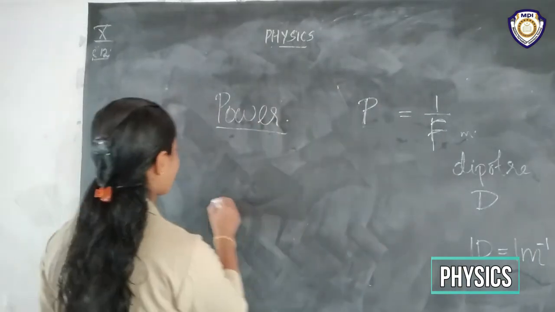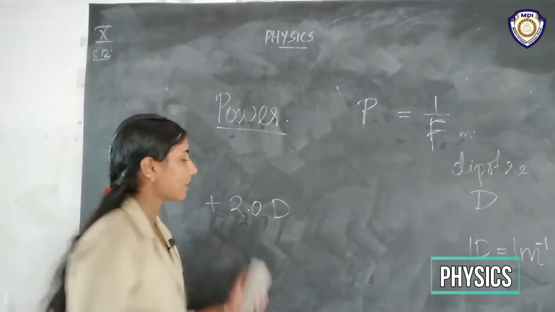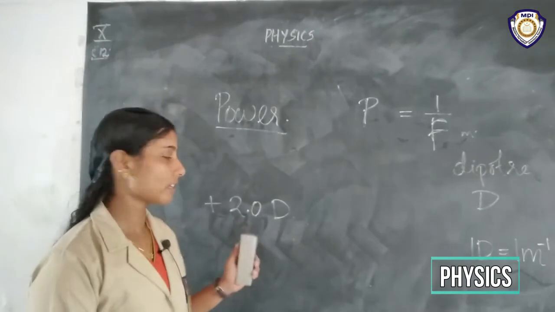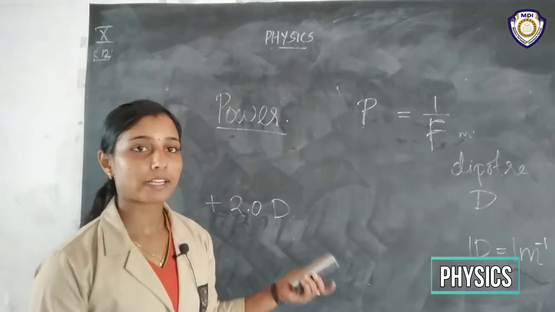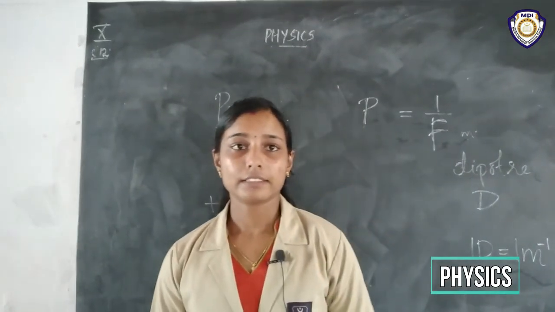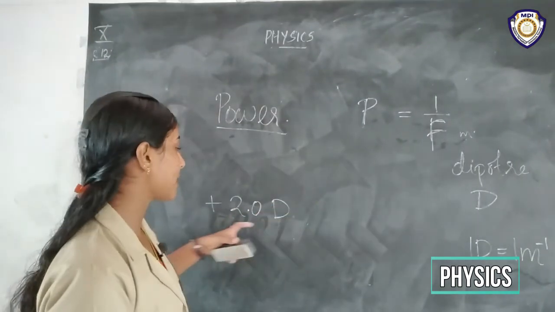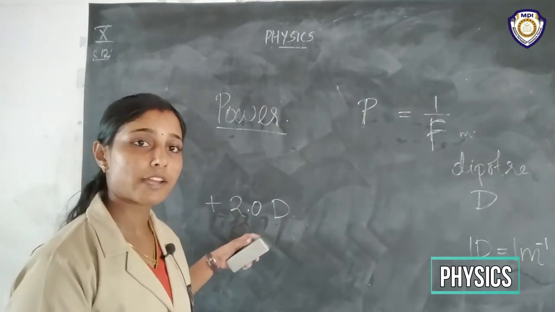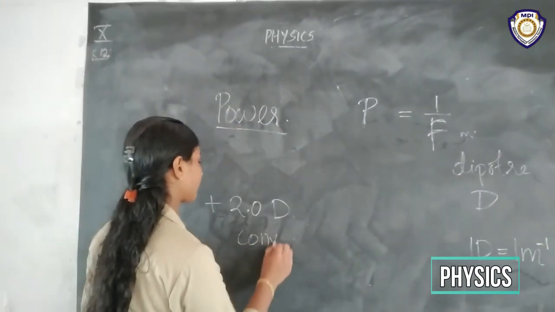Suppose it is like plus 2D. What does it indicate? A person with positive 2D spectacles will wear what type of lens? The power of the lens is positive, so what kind of lens is it? Yes, it is a convex lens.